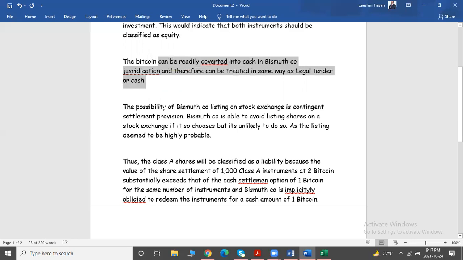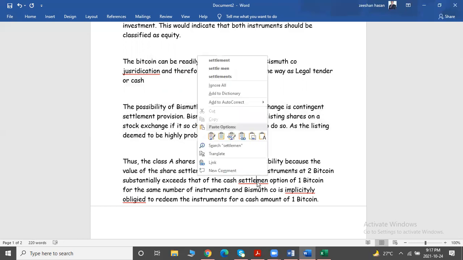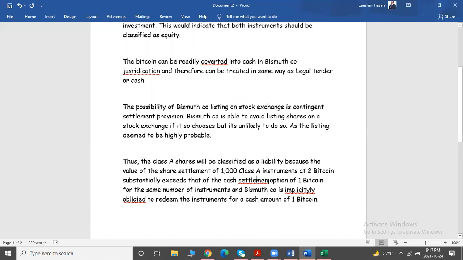Then we discussed the stock market listing, and it's totally our basic knowledge of the bitcoins and the knowledge of the standard which we connect to the scenario, IAS 32, that is how we can account for it.